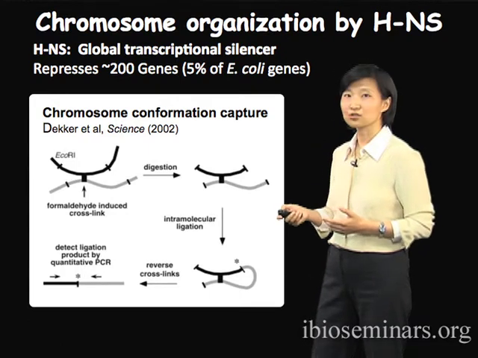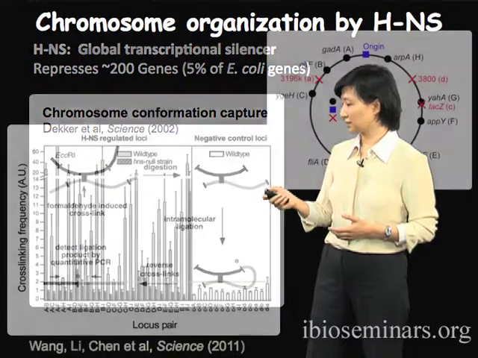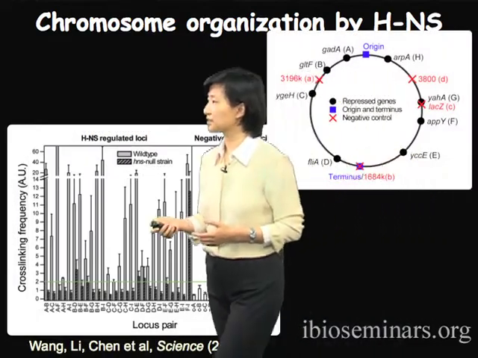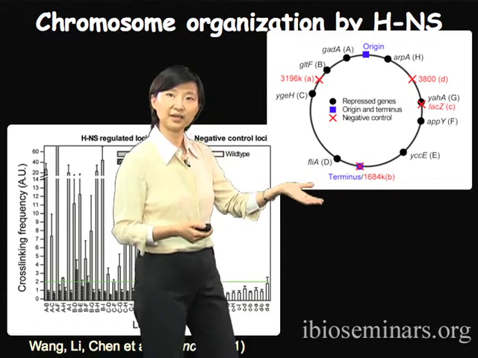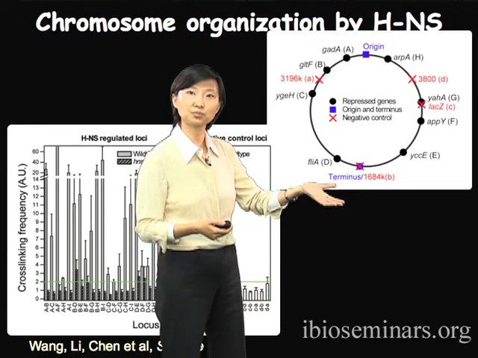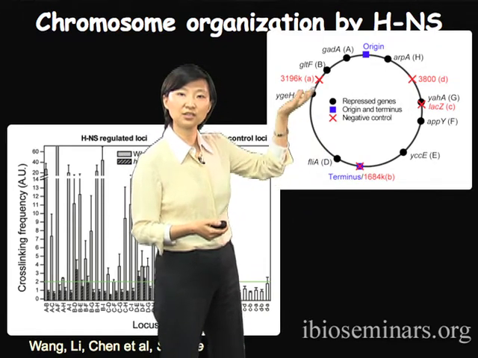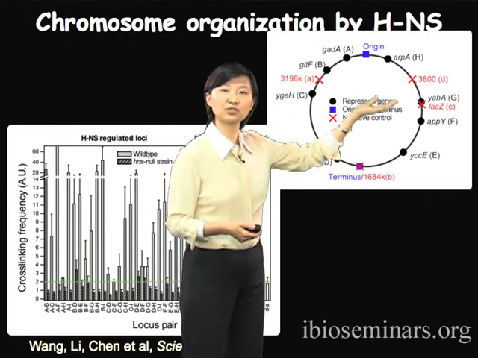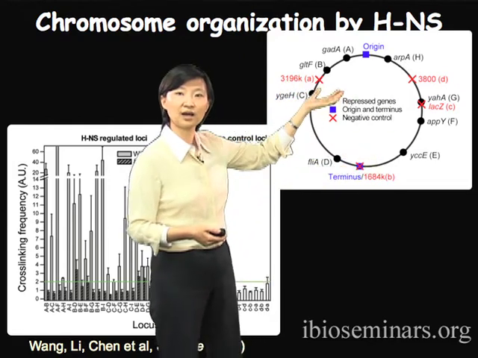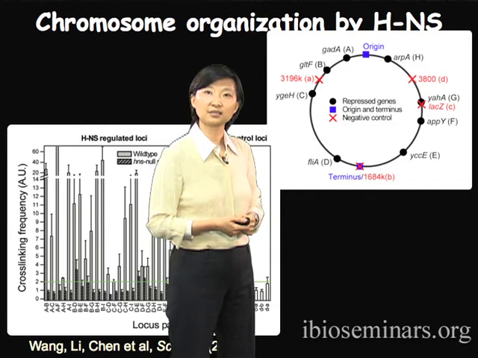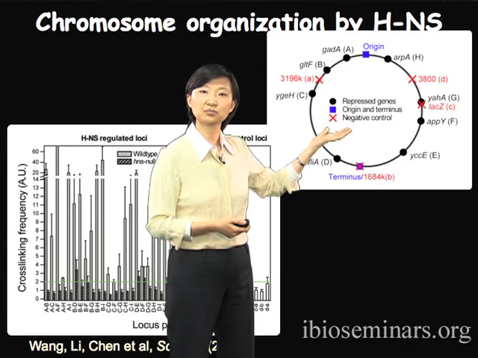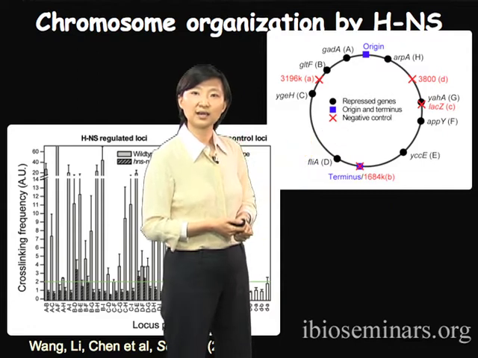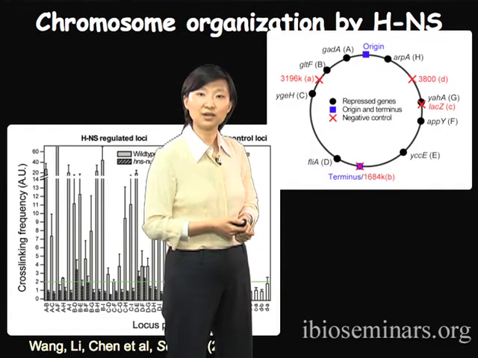So we used this to see whether the genes that are regulated by HNS are indeed brought into proximity. In this plot, the black circles are the genes that are regulated by HNS. As a comparison, we also put in control loci, marked by the red crosses.